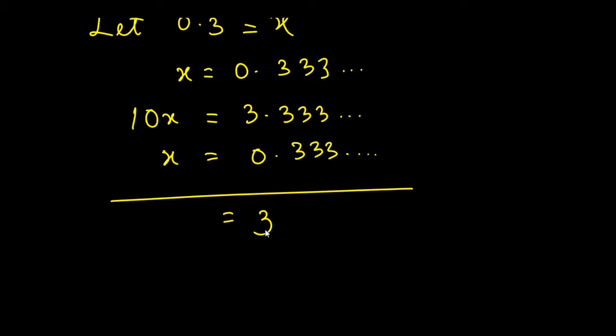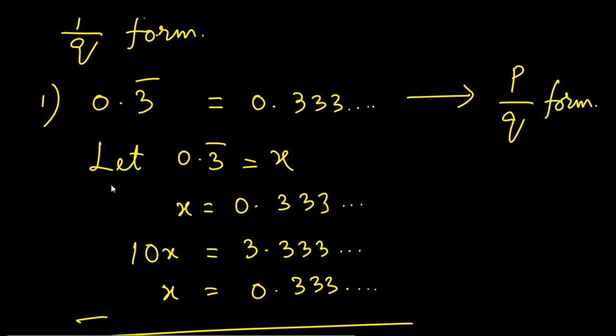On the left side, 10x minus x is 9x. So we get x is equal to 3 by 9, which is equal to 1 by 3. So for the given 0.3 bar, we have got 1 by 3.